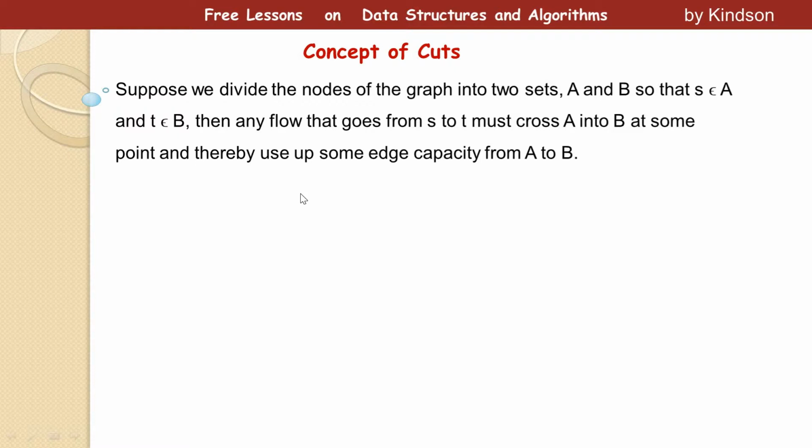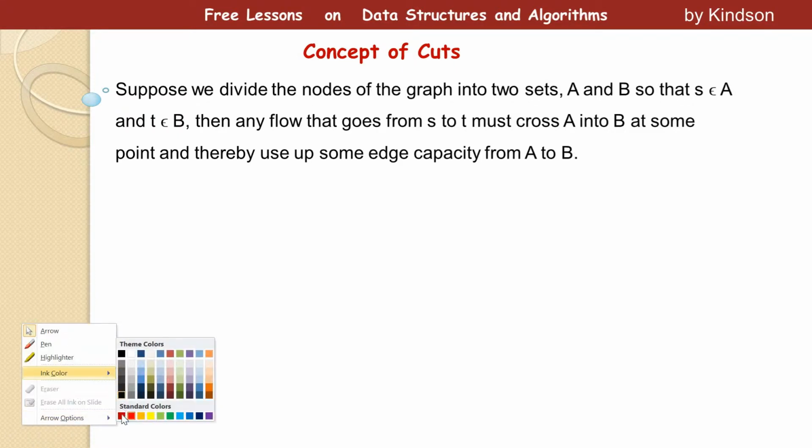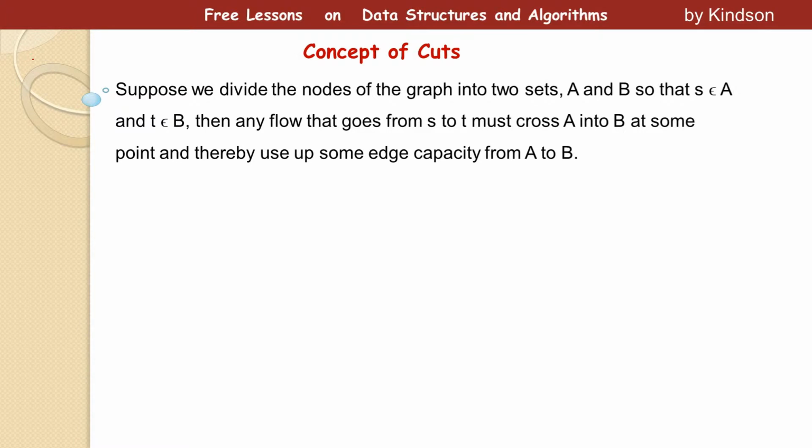What it simply means is that if you have a flow network, let me take my pen again so that I can illustrate. If you have a flow network, and this is S, and this is T, and this is A and B. So you have this flow network. You can actually cut it. Let me use another color so that this becomes clear.